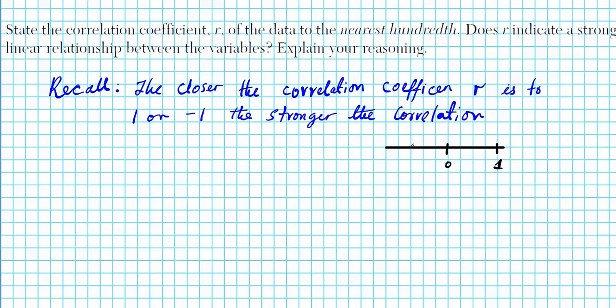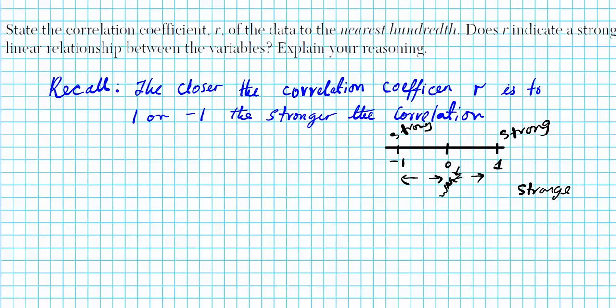The closer you get to -1 or 1, the stronger it is, whereas the closer you get to 0, the weaker it is. So at the center is weak, and out here is strong on both sides. If you're at 1 or -1, that's perfect correlation. Okay, so let's keep that in mind.